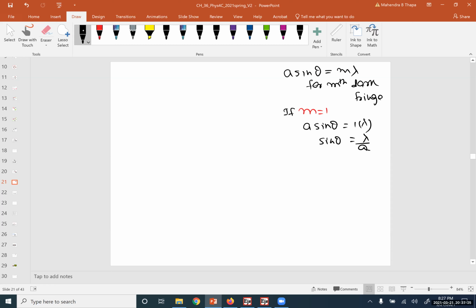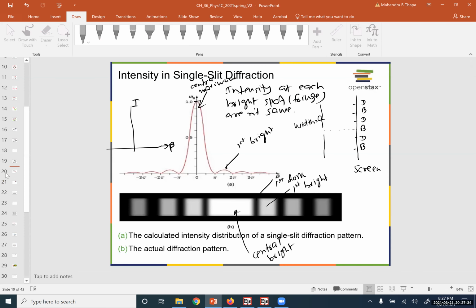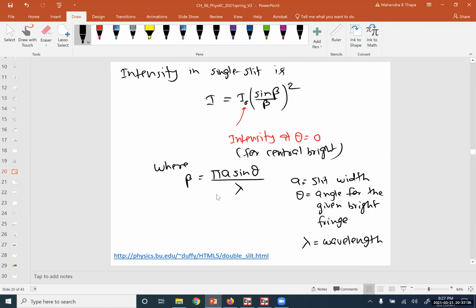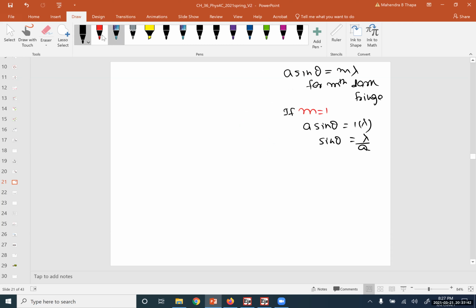Let's see how we can write this value of beta in terms of this angle. We just defined beta equals pi times a sine theta over lambda.